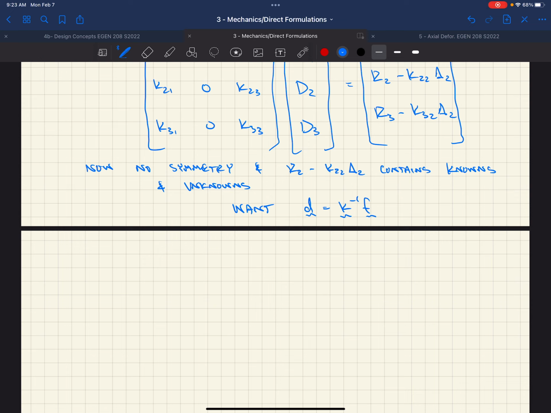So how do we fix that? Well, we say, all right, our second equation can be replaced with just our known quantity, right? We could say that D2 equals delta 2.